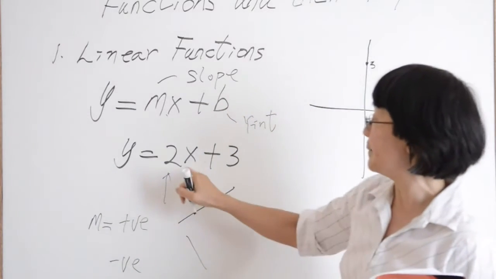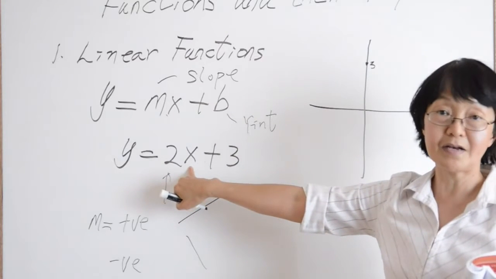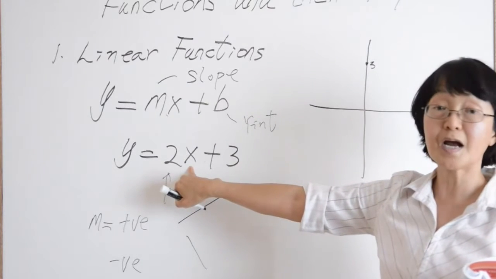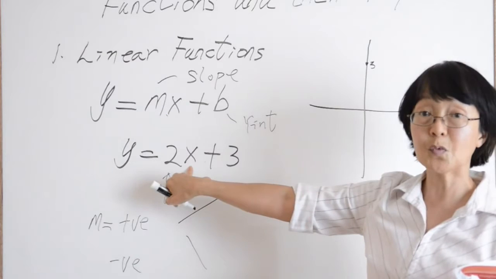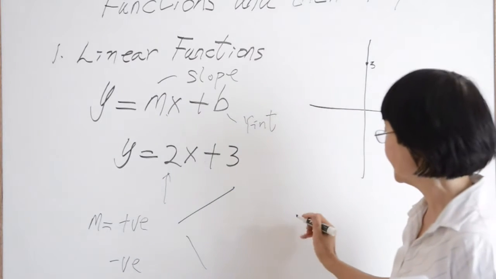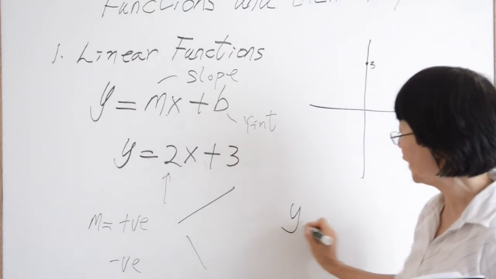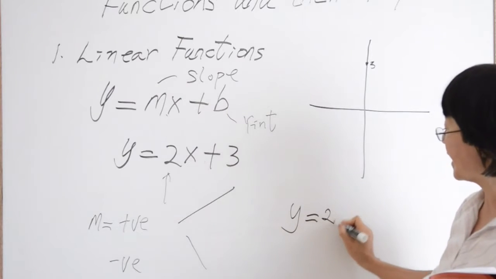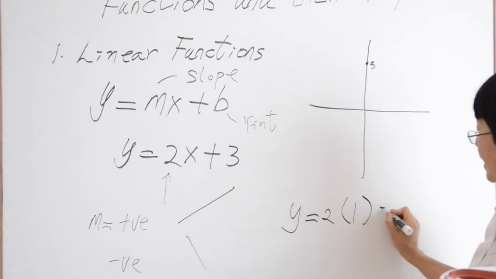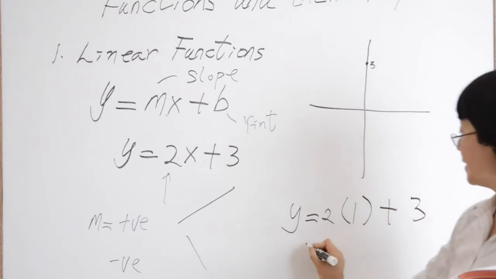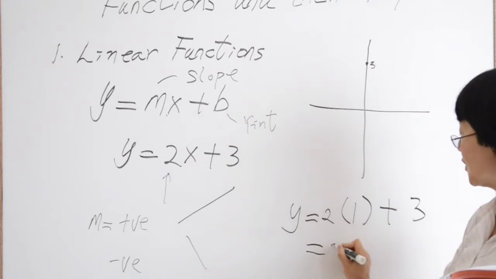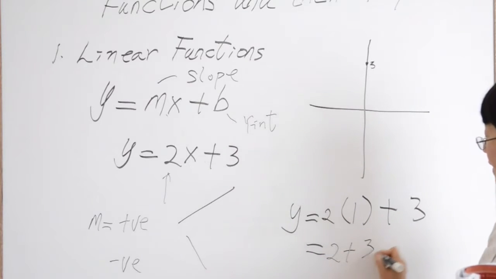To find another point, you can just plug in any value for x. Here, I would try x = 1, which is easier. When x = 1, what is y? I have 2 + 3, which is 5.